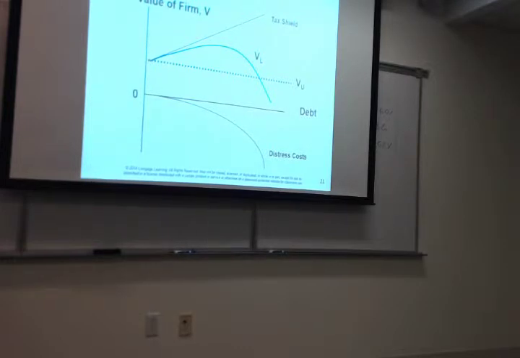If you're too far here, take out some loans, repurchase stock, and get to here. If you're too far here, pay off some of those loans, maybe issue stock, but definitely pay off some of those loans and get back to here.